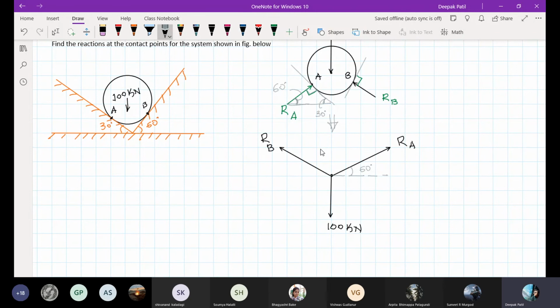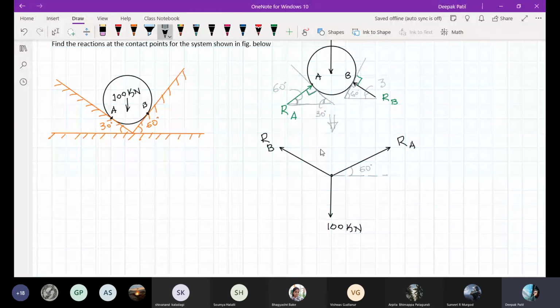Similarly, if I take this triangle, this surface with respect to horizontal is making an angle of 60 degrees, and this is 90 degrees. So 90 plus 60 is 150 and the remaining should be 30 degrees.